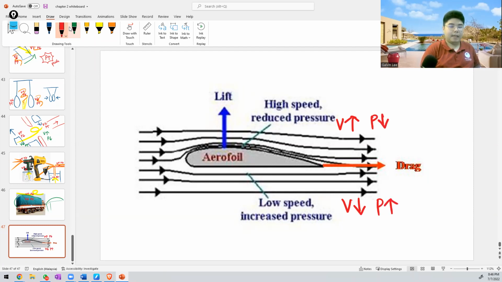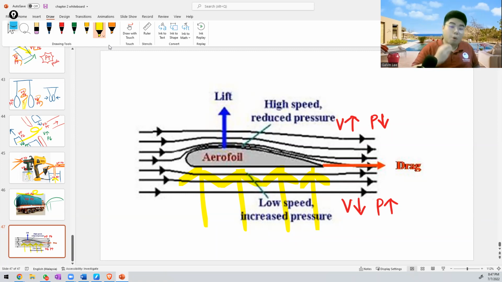So you will generate what we call a lift, which pushes the wings upwards. And of course, the wings are attached to the body of the plane. When the wings get pushed, the body of the aeroplane gets pushed upwards also. This is how the aeroplane flies in the sky.